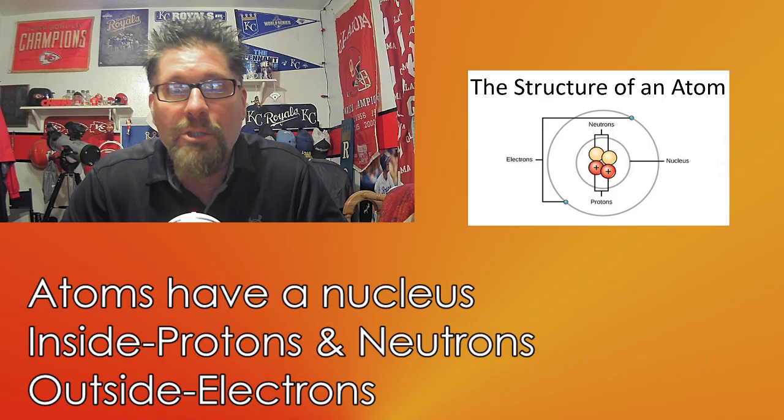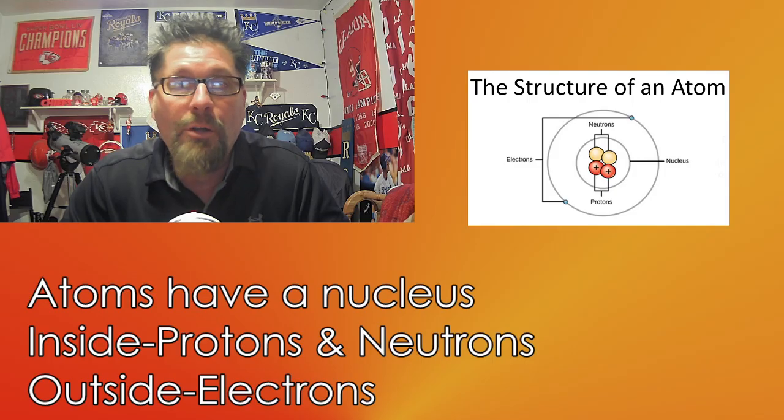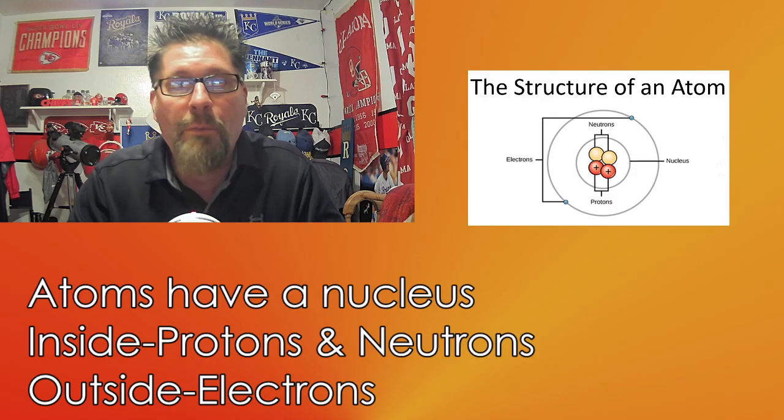But when we think about the structure of an atom, atoms have a nucleus, as you can see in the diagram, and it's that nucleus that holds the protons and neutrons, and that nucleus has some pretty large ramifications when it comes to science. I'm sure you've heard of the atomic bomb and how that ended World War II, or at least our aspect of World War II.